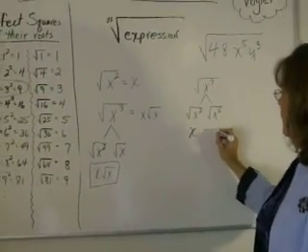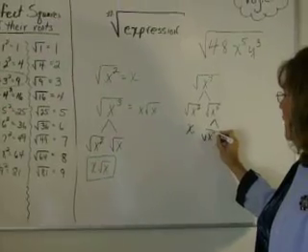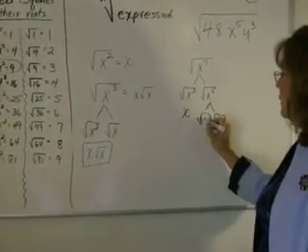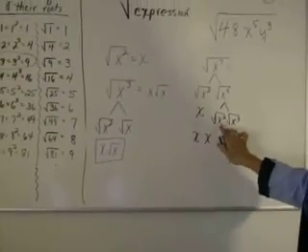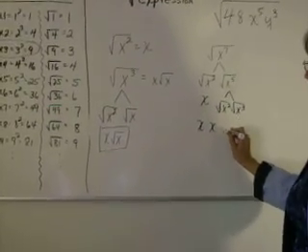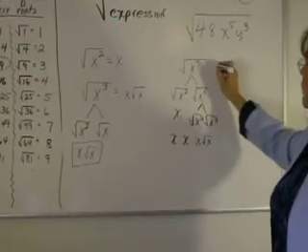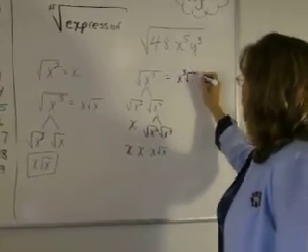This is an x, but we can still simplify this as the square root of x squared times the square root of x cubed. And so, if we keep on simplifying, we know that the square root of x squared is this x, and we've already determined that this is x times the square root of x. So our simplified version here is x cubed square root of x.